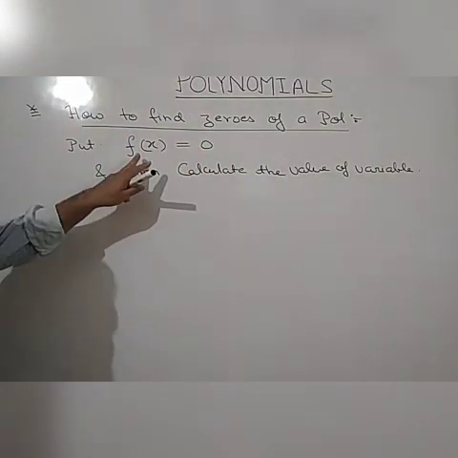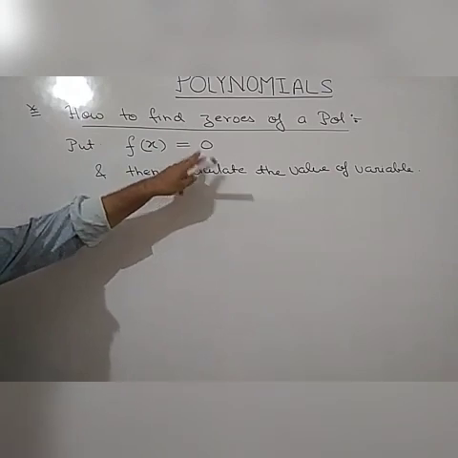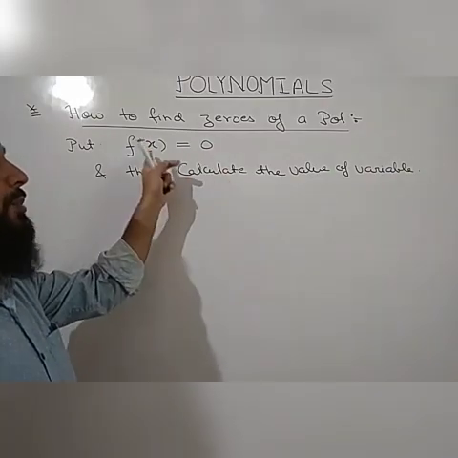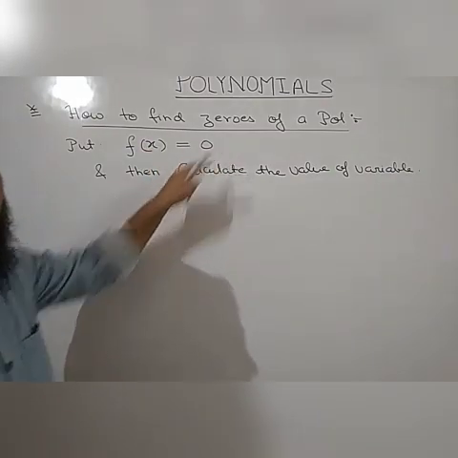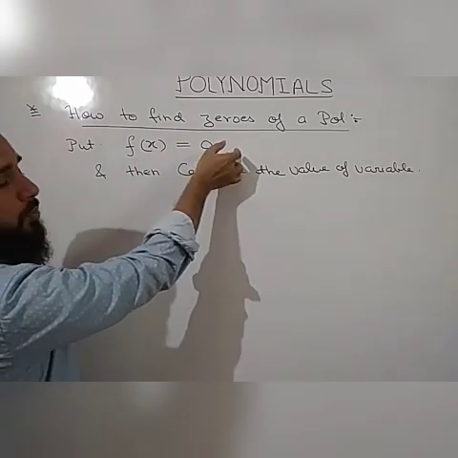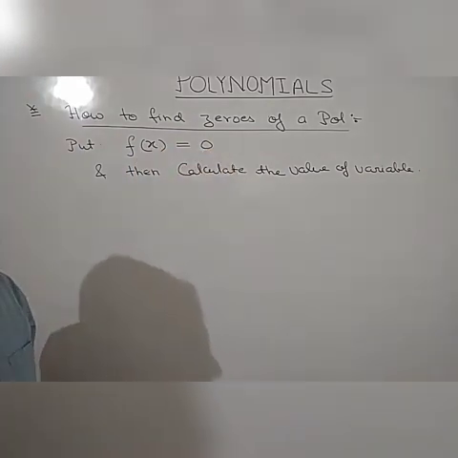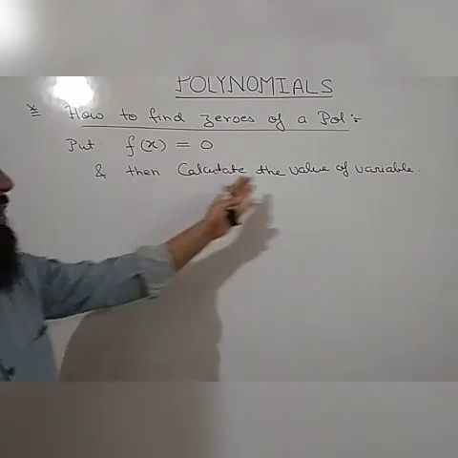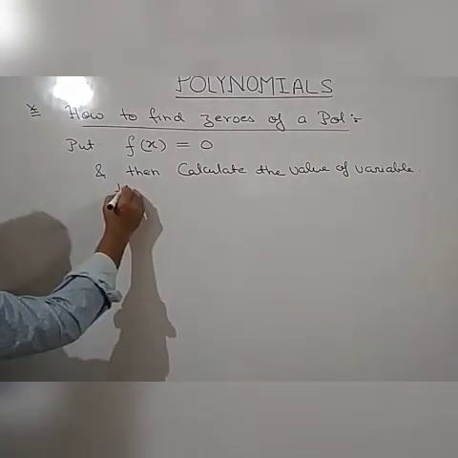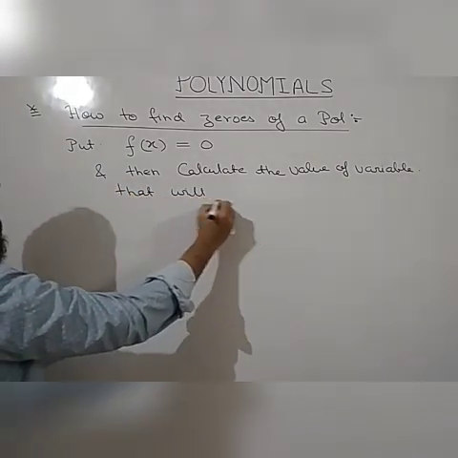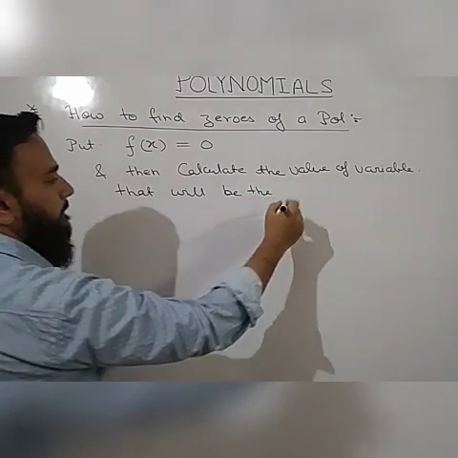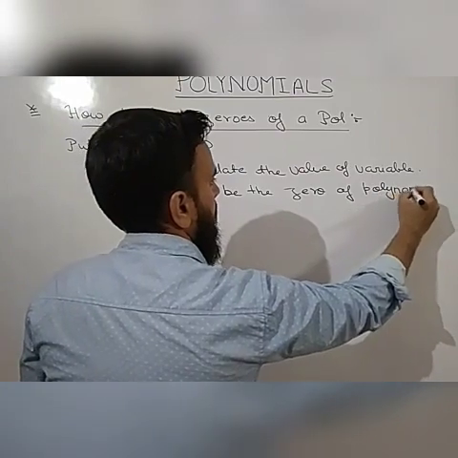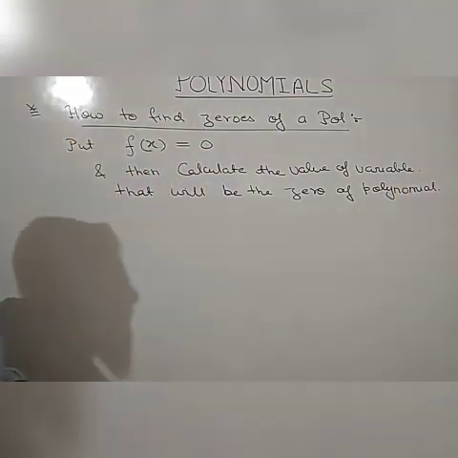First thing is, you will put f(x) = 0, because we know that zero is that value which on putting in the polynomial makes the polynomial 0. So if you put the value of polynomial equal to 0, then we will get the value of variable. Simple. That will be the zero of the polynomial.